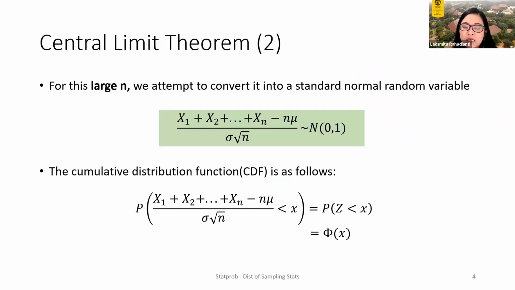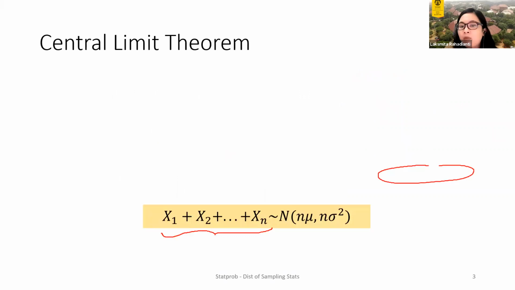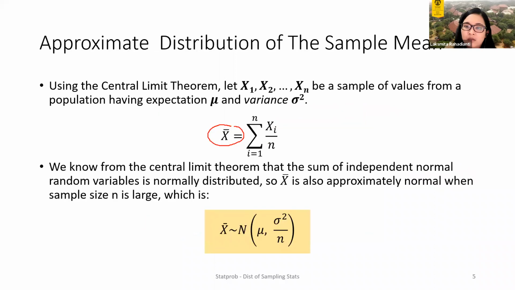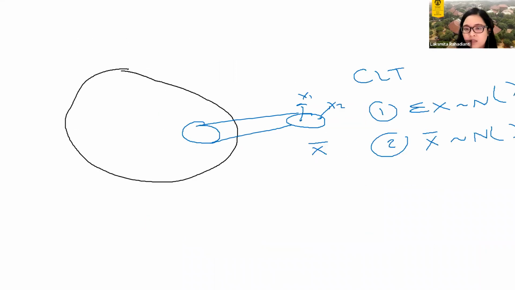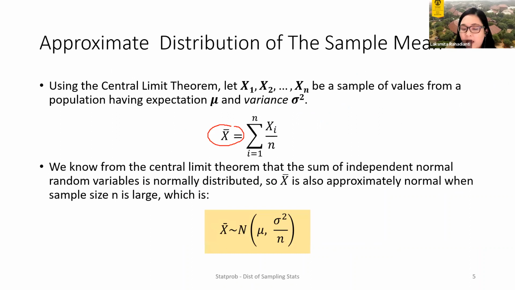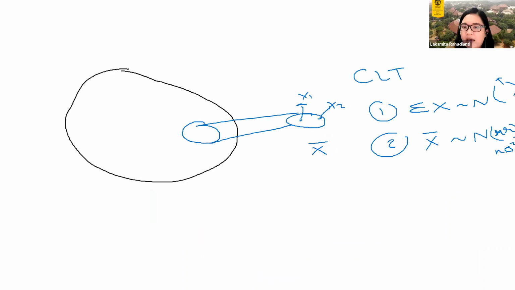The first one is the sum. The sum will follow a normal distribution with parameters n mu and n variance. And the average will have the parameters mu, which doesn't change, and the variance divided by n.